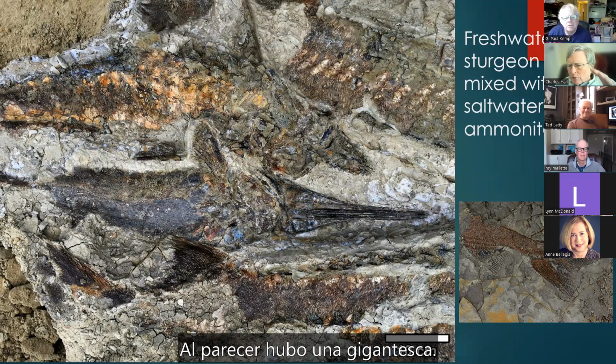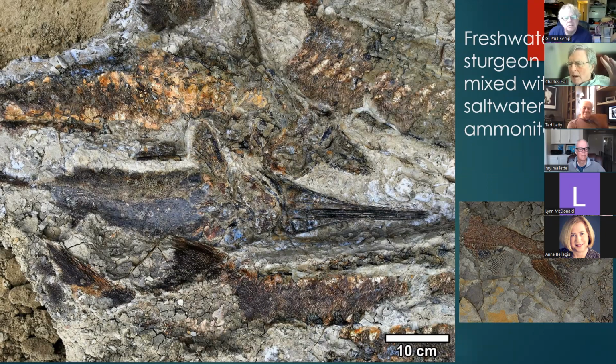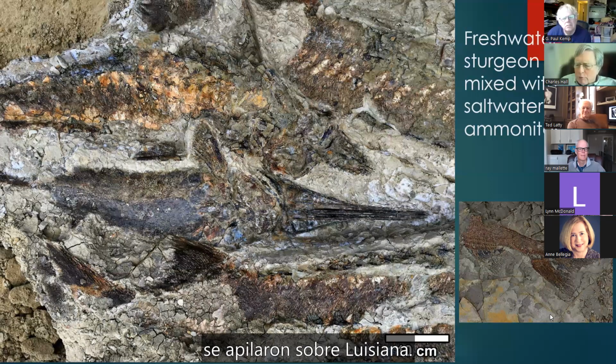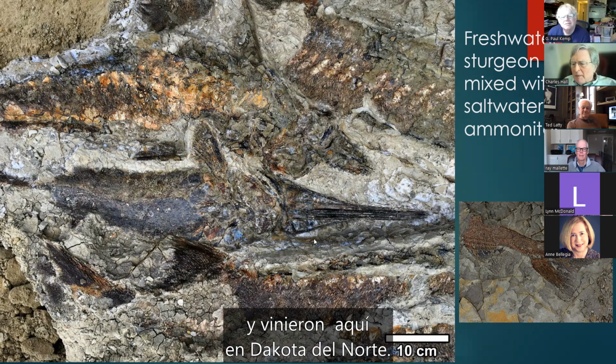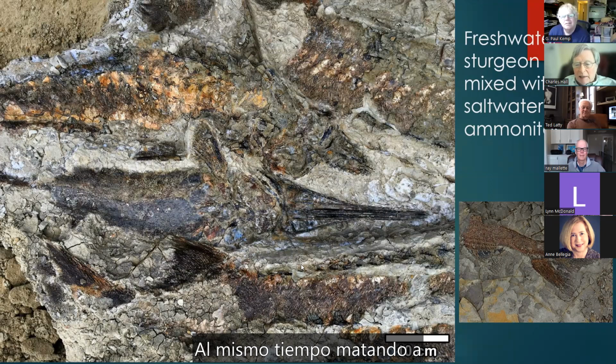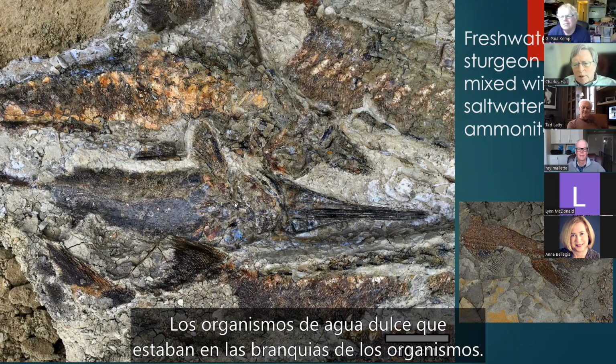And apparently there was a gigantic tidal wave of salt water and stuff, probably piled over Louisiana, just as a big tidal wave, and went up the early Mississippi Valley and came to rest up here in North Dakota, taking with it all kinds of stuff and at the same time killing the freshwater organisms that were there.